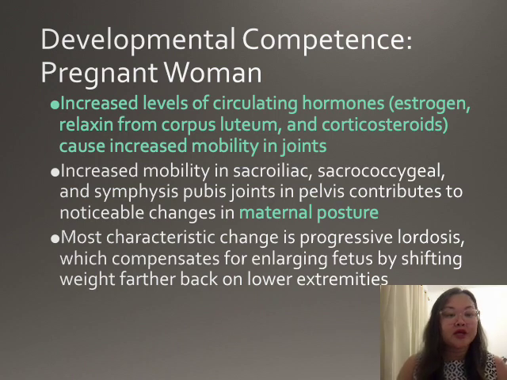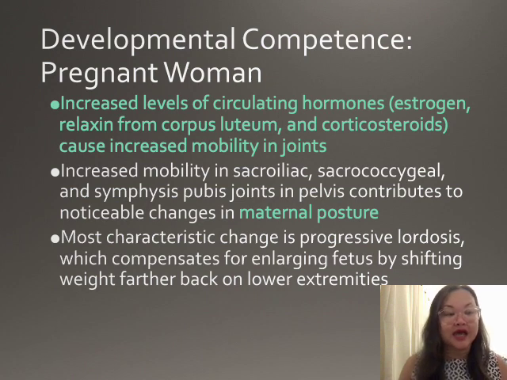For pregnant women, because of this increased level of circulating hormones, so we know we have estrogen, relaxin from the corpus luteum, and the corticosteroids, this can increase mobility in the joints, but it's needed, right?